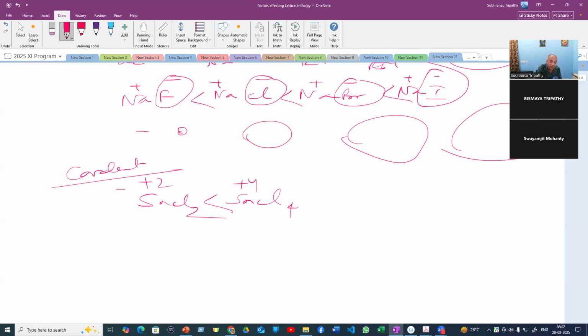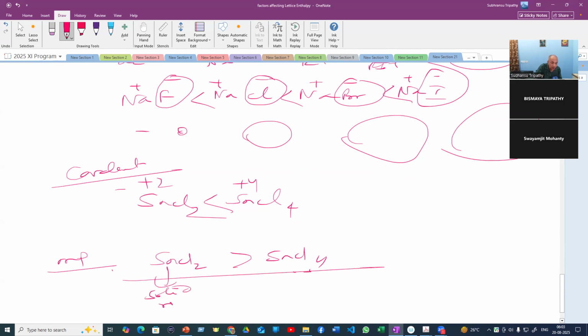The polarization effect governs the melting point. So the melting point of SnCl2 is greater than SnCl4. More covalent, lower melting point. SnCl2 is a solid at room temperature, therefore its melting point is high. SnCl4 is a liquid. Can you imagine?